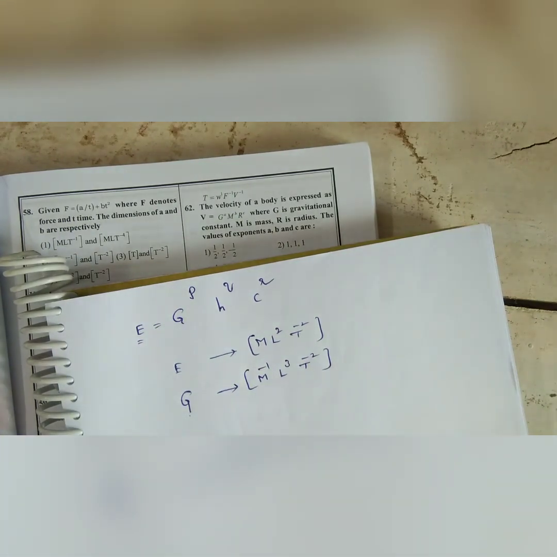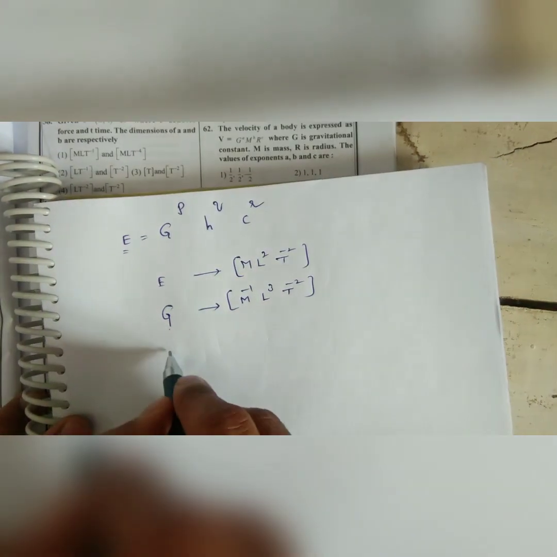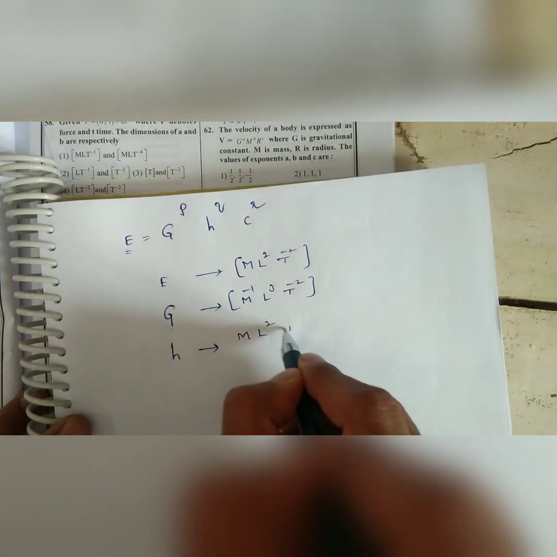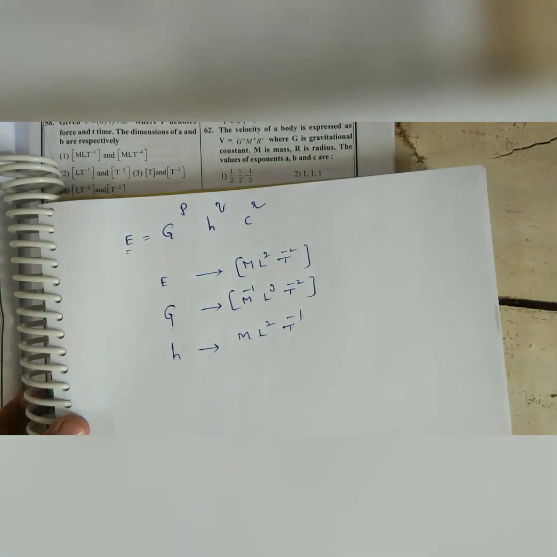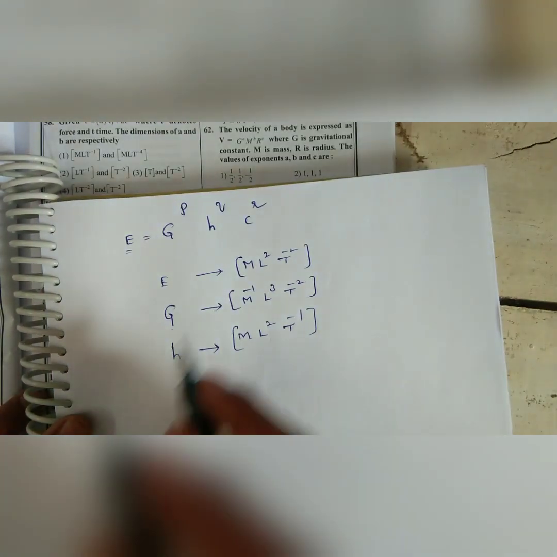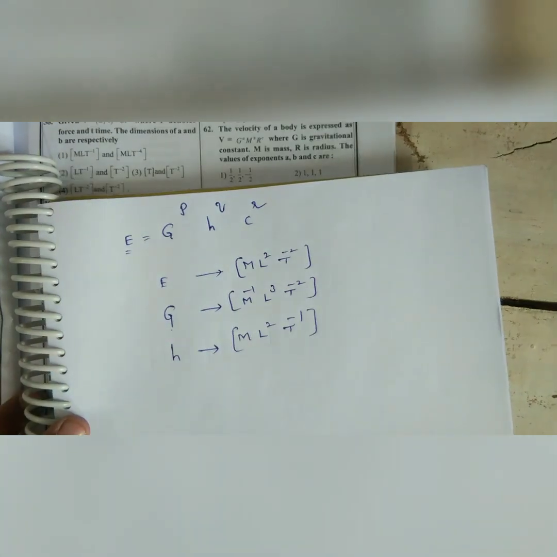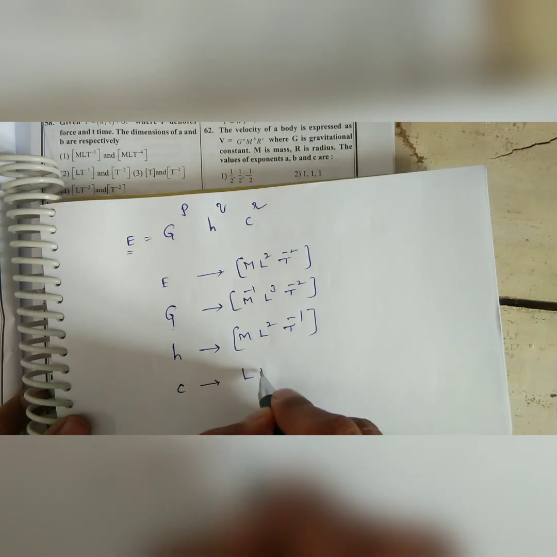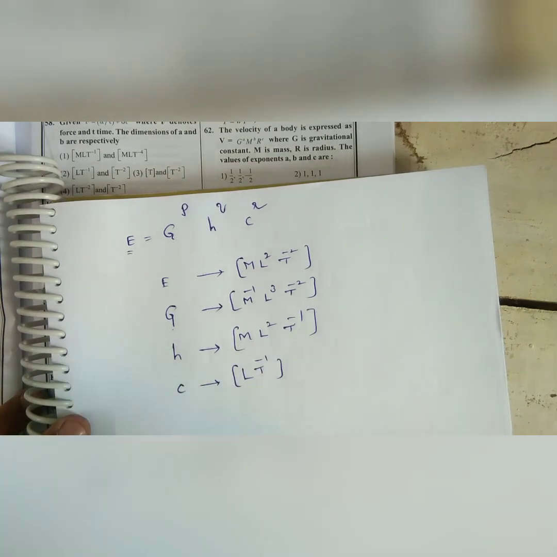The dimensional formula of Planck's constant is ML square T minus 1. The speed of light has the dimensional formula LT minus 1.